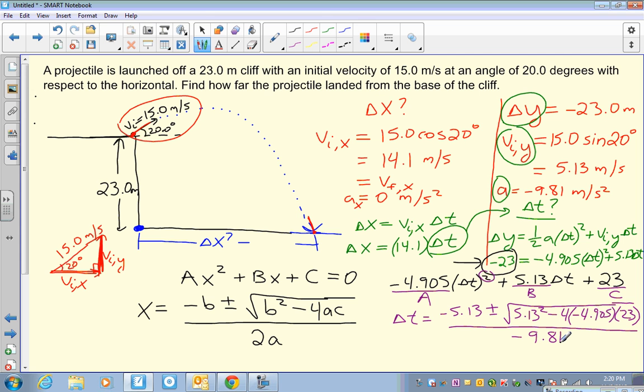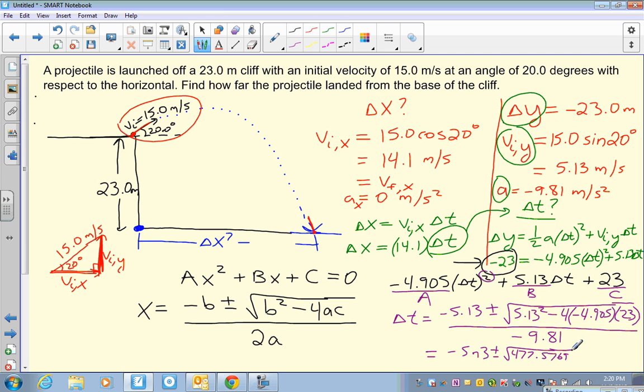So now all you have to do is evaluate this in your calculator. We're going to do this one step at a time. I usually like to focus on what's inside the square root first. So 5.13 squared minus 4 times negative 4.905 times 23. And you can literally type it in exactly how I just said that. So we're going to get negative 5.13 plus or minus the square root of 477.5769.